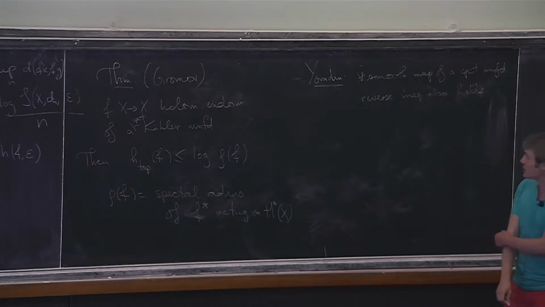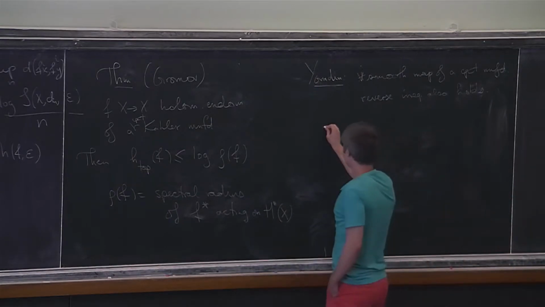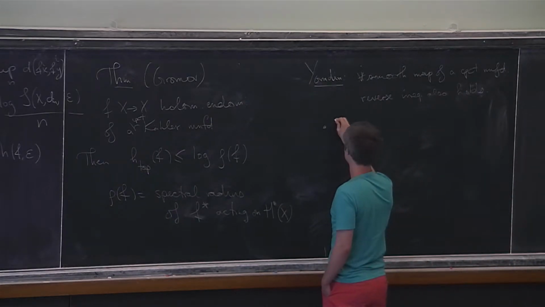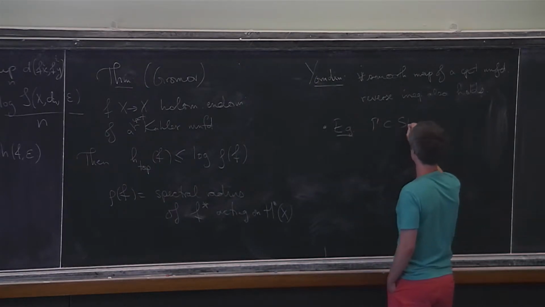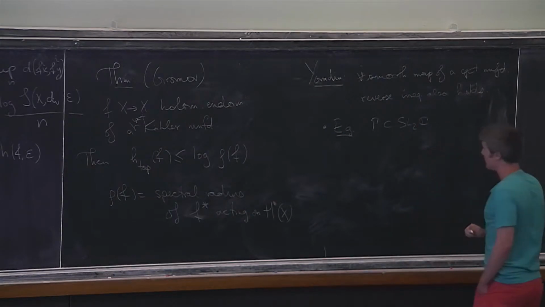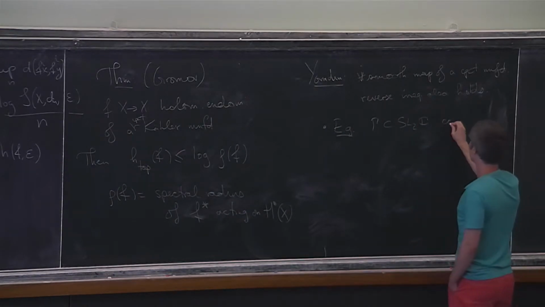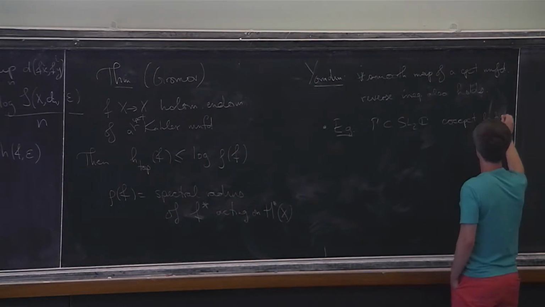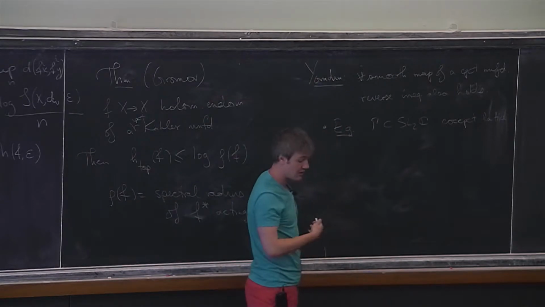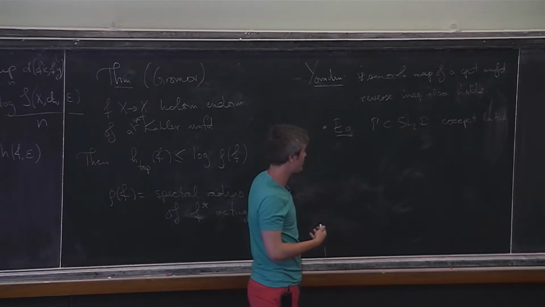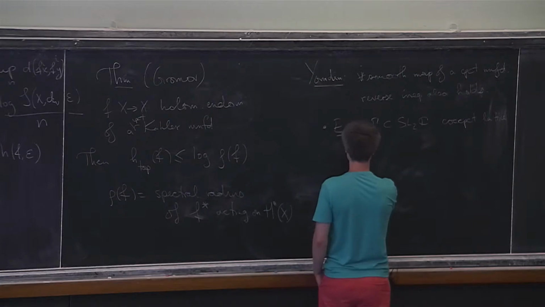All right, so maybe let me just make one remark. We can consider the following example. We can take gamma inside SL2C, a co-compact lattice. You can construct such a lattice, for example, by taking a compact hyperbolic 3-manifold, and then you can consider the geodesic flow.